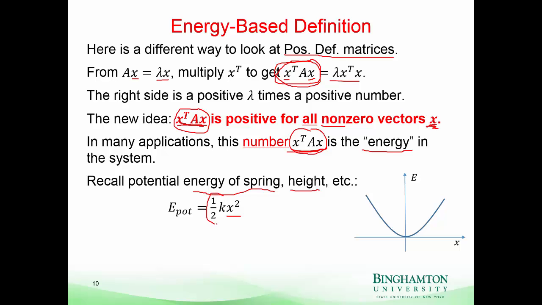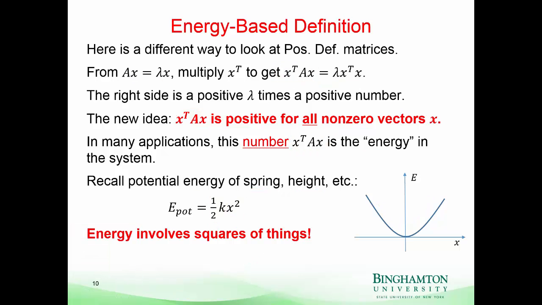And all this stuff out in front, 1/2 and k, are just some constants, the spring constant. If we do a mass at some height, we'd have 1/2 mx squared. So energy involves squares of things, and you can see this quadratic form here, and we'll use that term more generally. So this is a quadratic function, a very simple one.